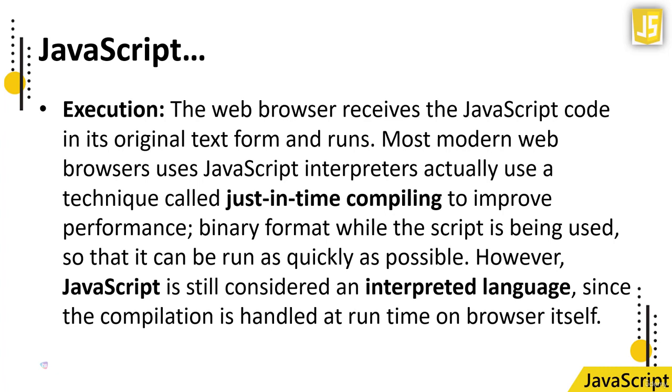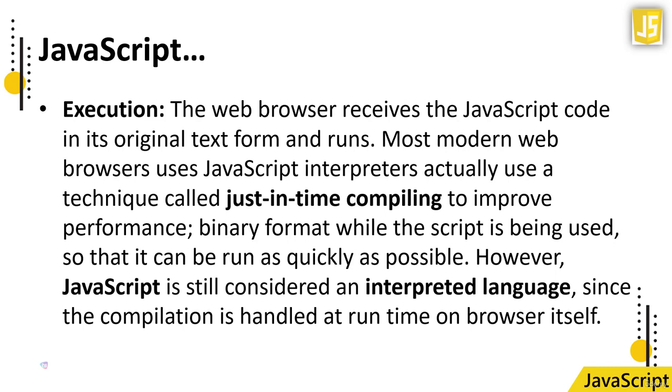Knowing more about JavaScript, the execution process of plain JavaScript is done by the browser itself. The web browser receives the JavaScript code in its original text and runs it. Most modern web browsers use JavaScript interpreters that actually use a technique called just-in-time compilation to improve the performance of a web page.